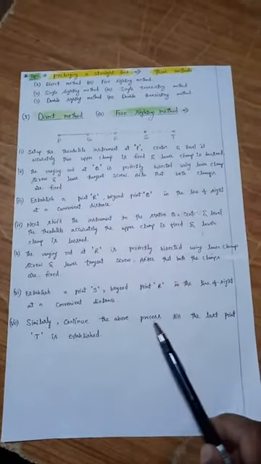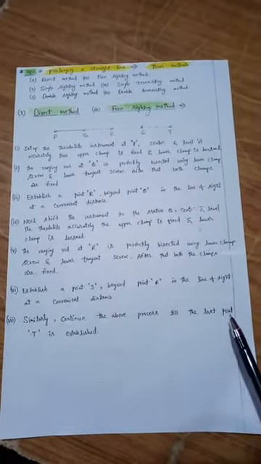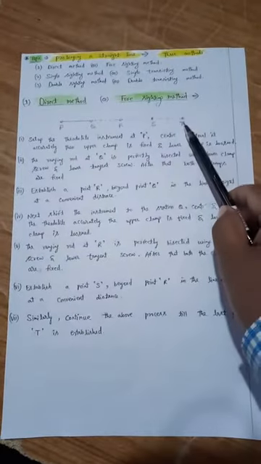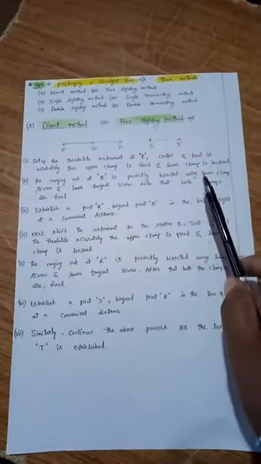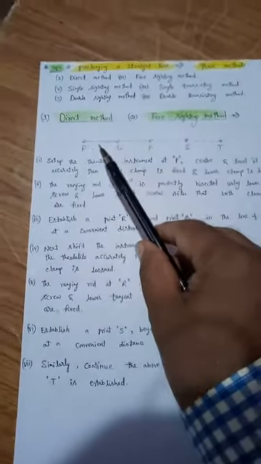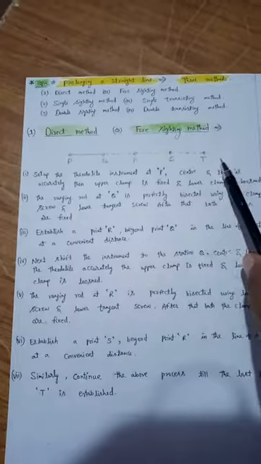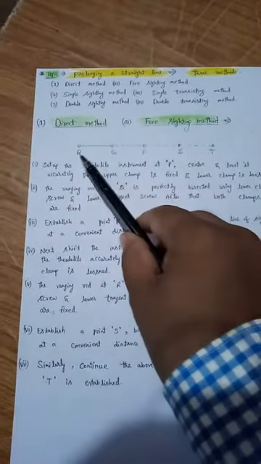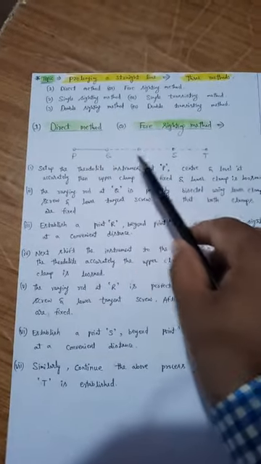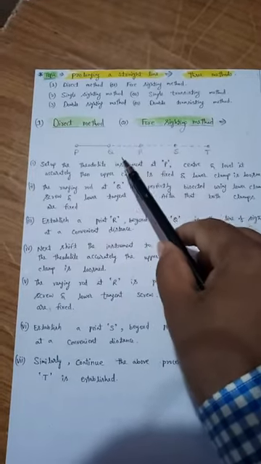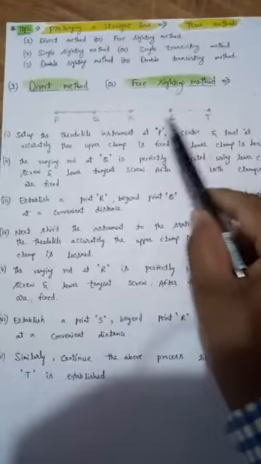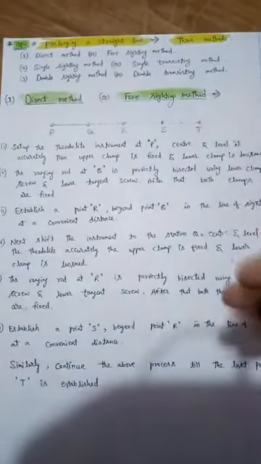Similarly, continue the above procedure till the last point T is established. So finally, in the direct method, the line is prolonged or extended from PQ to QR, QR to RS, RS to ST.